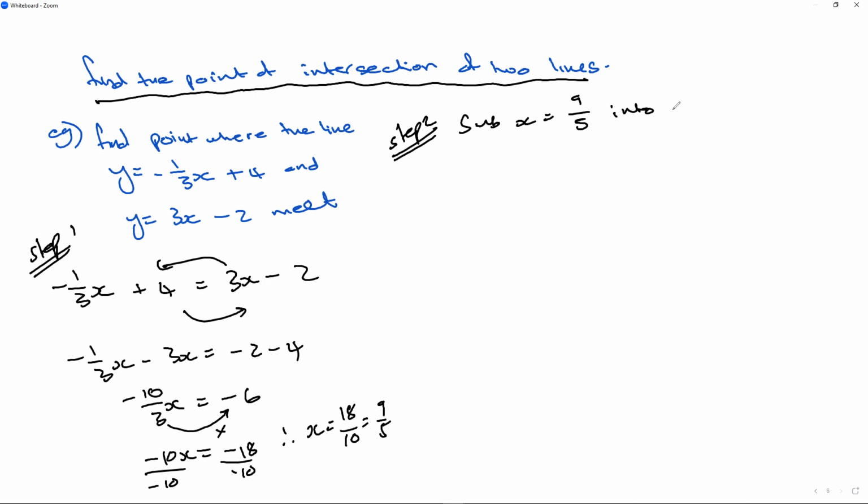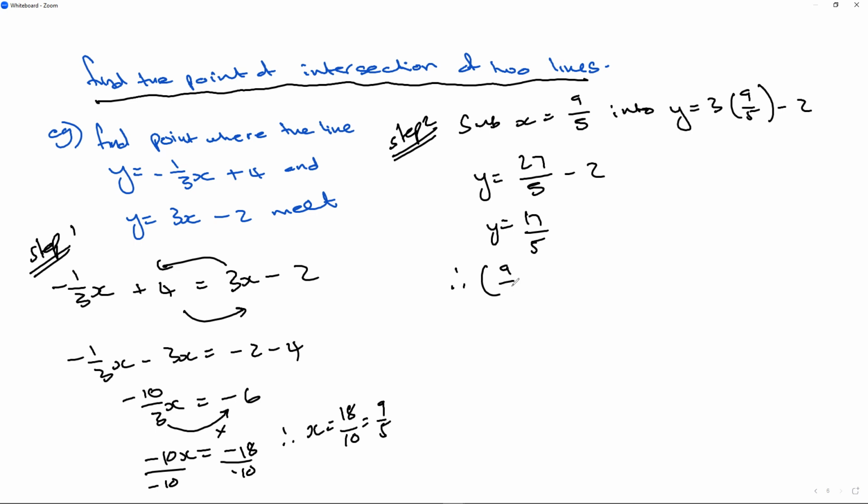I'm going to choose to substitute it into the second one because it doesn't have a negative and there's no fraction. y equals 3x minus 2, and x will become 9 over 5, minus 2. 3 times 9 is 27, so this gets me 27 over 5 minus 2. 27 minus 10 is 17, so 17 over 5. y equals 17 over 5. And therefore, the point of intersection will be (9 over 5, 17 over 5).